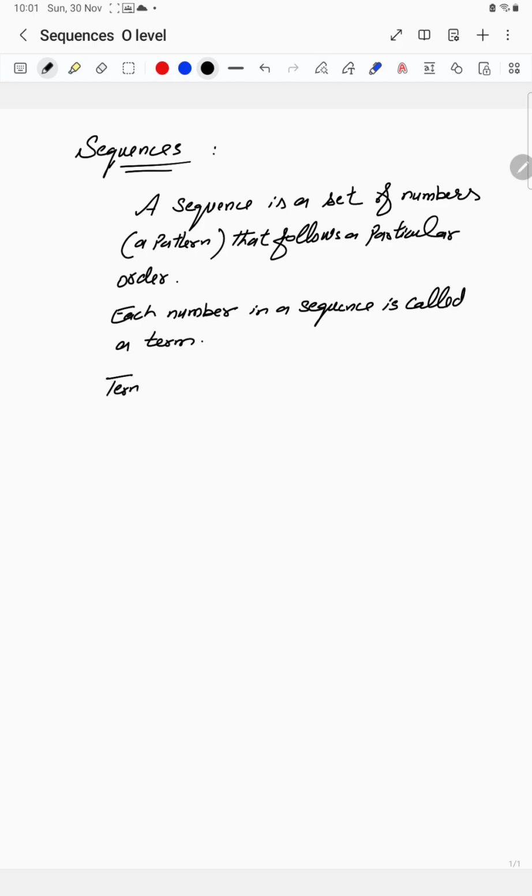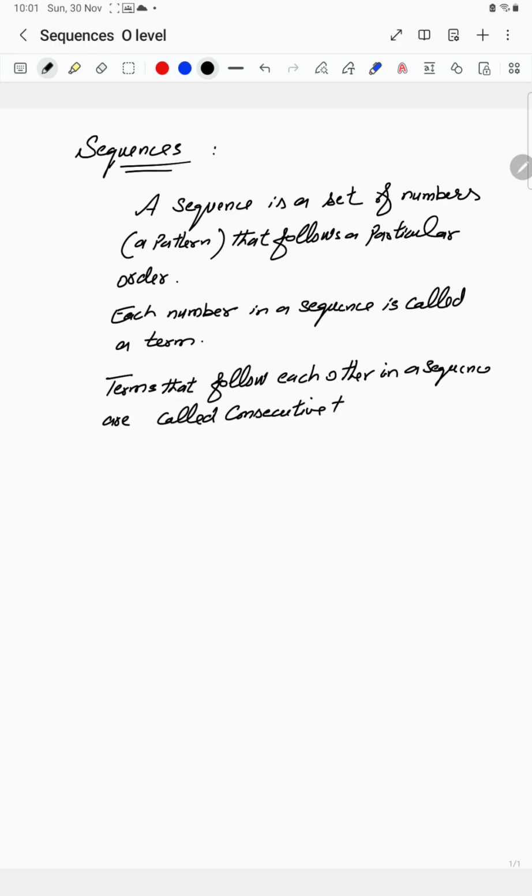and terms that follow each other in a sequence are called consecutive terms, right?